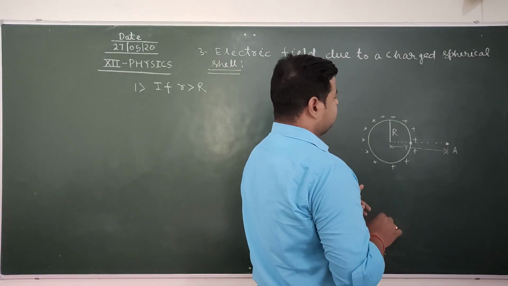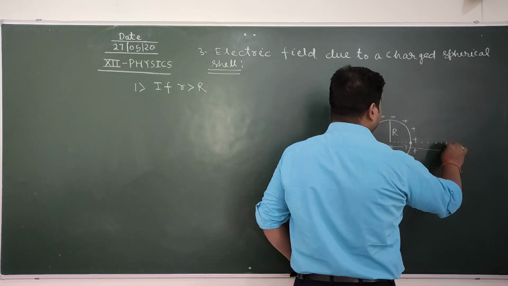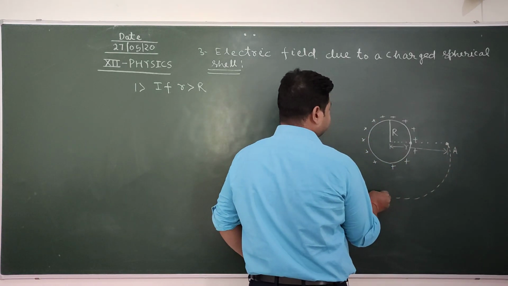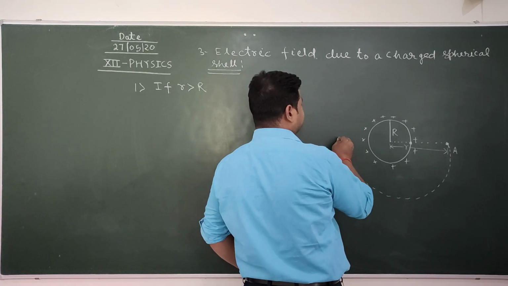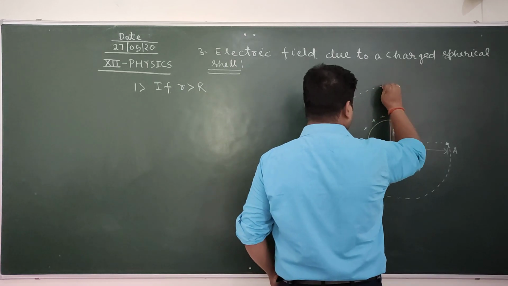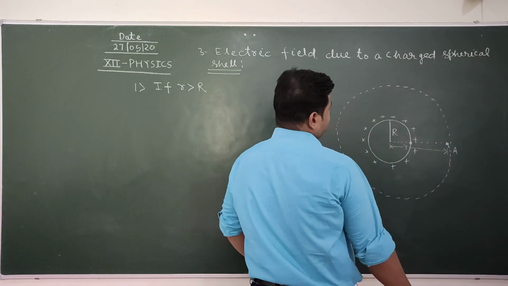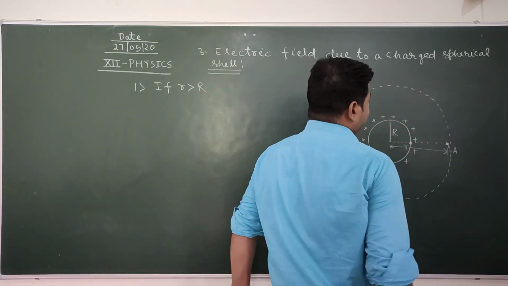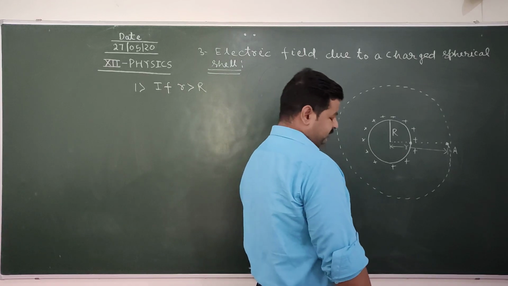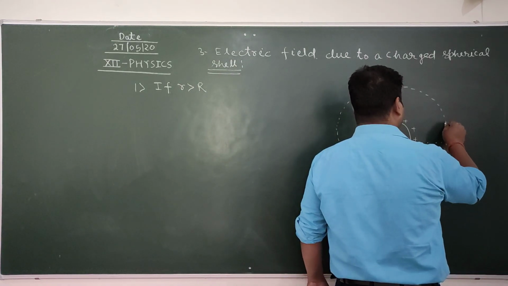So for calculation of electric field at that point, we draw an imaginary surface around the shell. This is an imaginary surface, and this is also a closed surface. Clear? So here we find out electric field at that point.